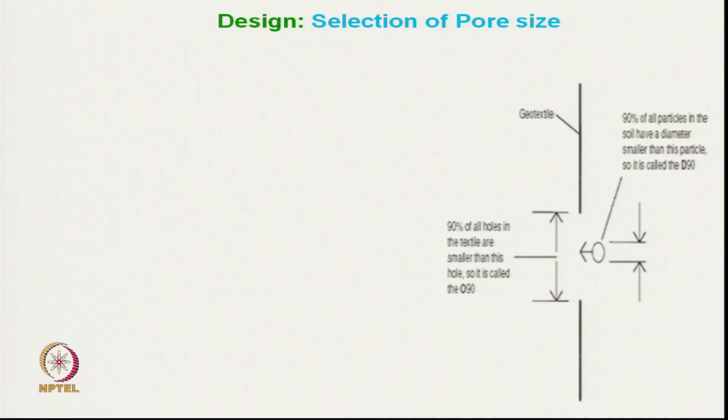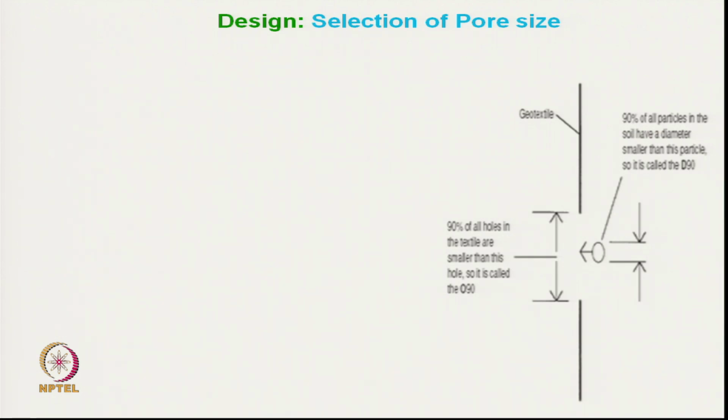Now, another design criterion is the selection of pore size. If we know the size of the soil, then we have to select the pore size of the geotextile. It is not that the pore size will be exactly the same as the soil particle size, because that is not possible.